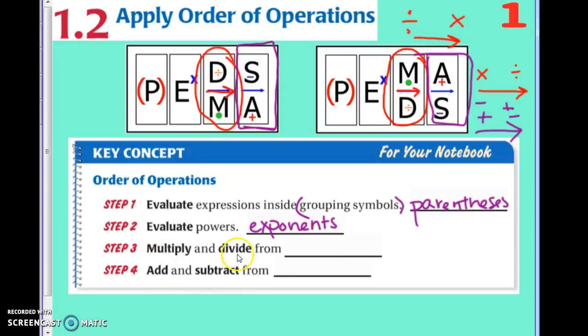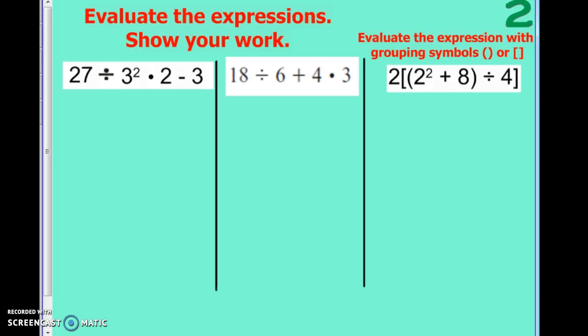And we just said we were going to multiply and divide from left to right. And then same with adding and subtracting. Add and subtract from left to right. This should not be anything new for you. You guys did this last year. So let's solve a couple problems.